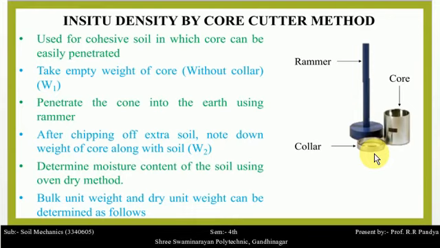Penetrate the core into the earth using the rammer. After chipping off extra soil, note down the weight of the core along with the soil and name it W2. Determine the moisture content of the soil using the oven dry method. The oven dry method we already understood earlier.